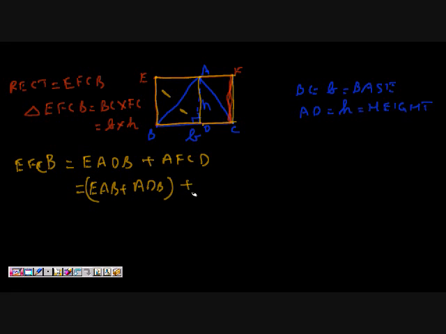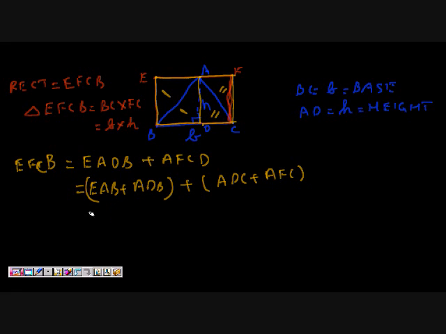And the other piece is, let's look at this rectangle AFCD. Again, the area of this triangle should be equal because the line AC is the diagonal of that rectangle. So we can write it as ABC plus AFC. Now we know that EAB and ADB should be equal because the diagonal of the rectangle is dividing it into two triangles.